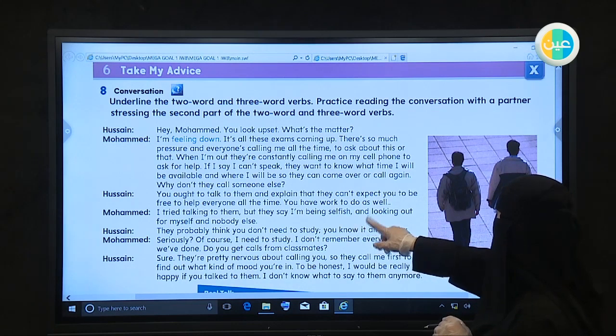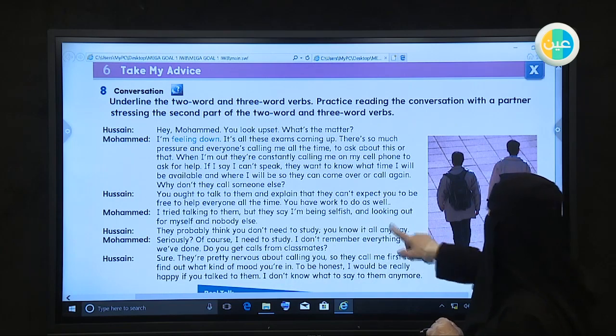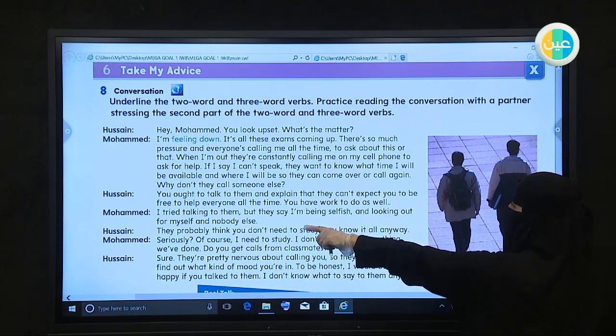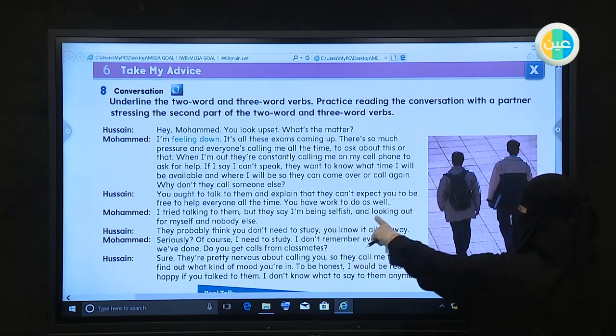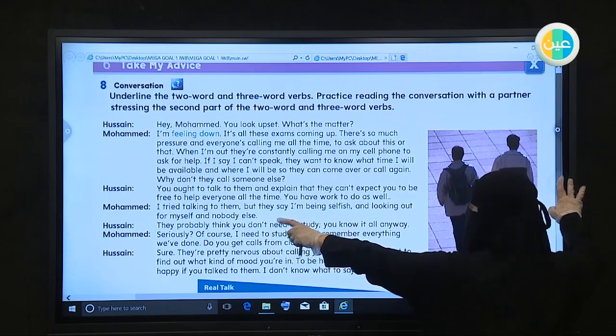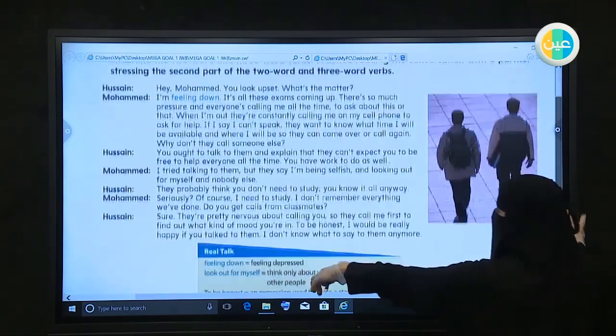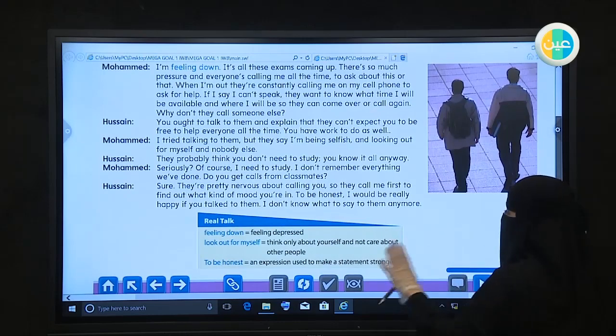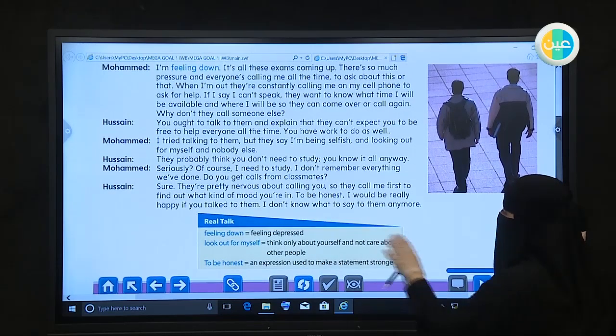I tried talking to them, but they say I'm being selfish, I'm looking out for myself. So we found it in Muhammad's speech. What is the meaning of looking out for myself and nobody else? That means thinking only about yourself and not caring about other people. That's the meaning of it.